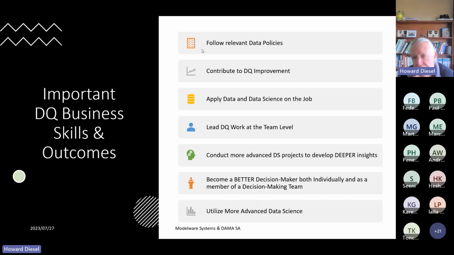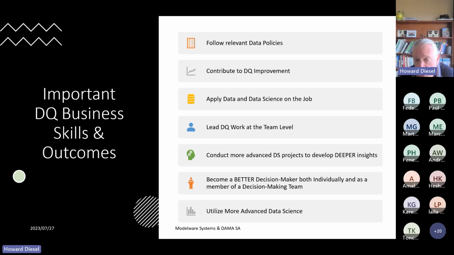If we talk about a data quality policy in terms of using data, forecasting, sharing data, can the people follow the policies that you've created? The next one is, can they contribute to the improvement of data quality? Can they see that there's a problem? Can they describe a data quality rule or expectation that will help us improve?